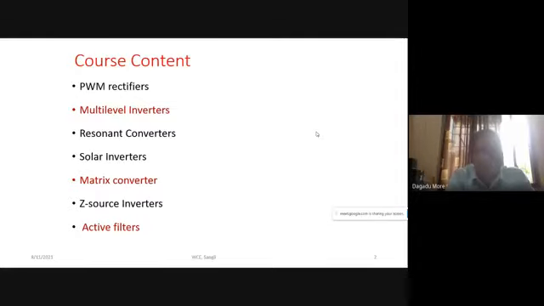Basically, a PWM rectifier uses MOSFETs or IGBT devices. These devices are voltage controlled devices, which we can call full control devices. So our first module is on PWM rectifiers.